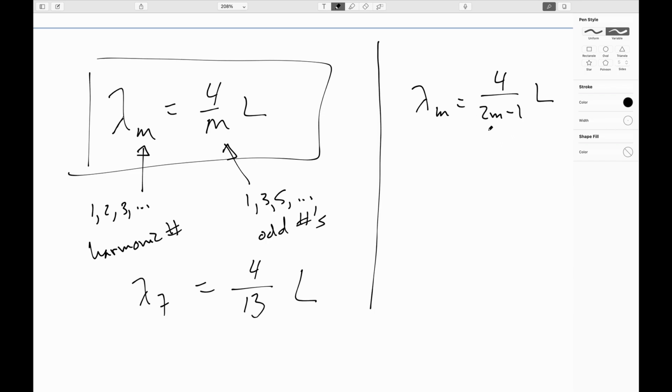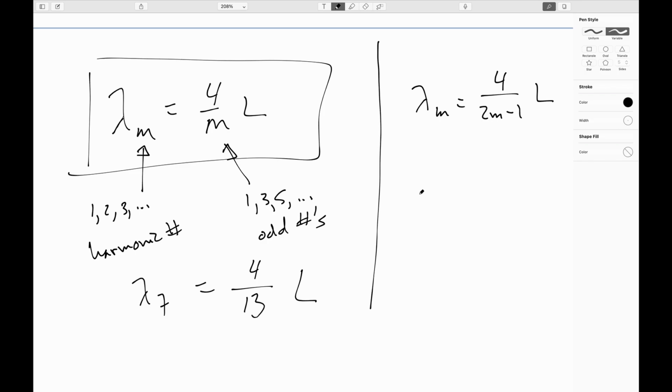2m minus 1 is literally just the equation for the mth odd number. So again here, if I were to put in, say, m equals 1, this would be 2 times 1 minus 1 is 1. If I put in 2, 2 times 2 is 4, minus 1 is 3, which is the second odd number.